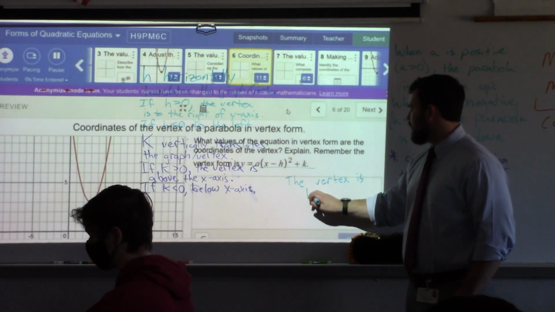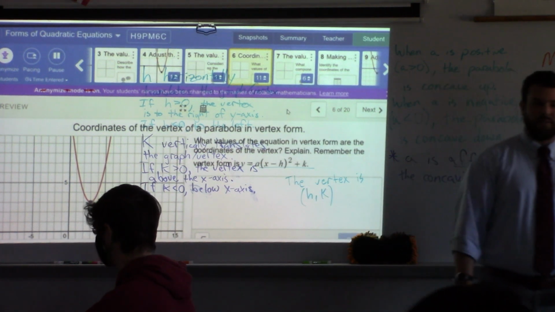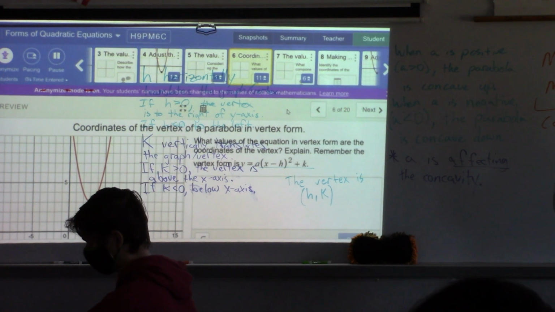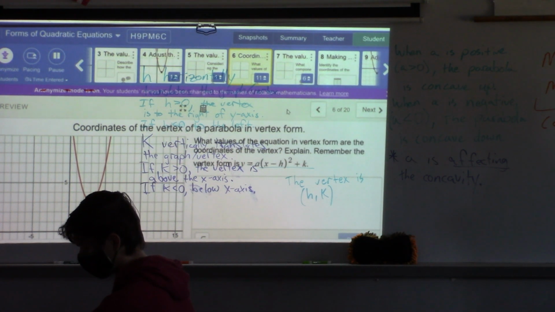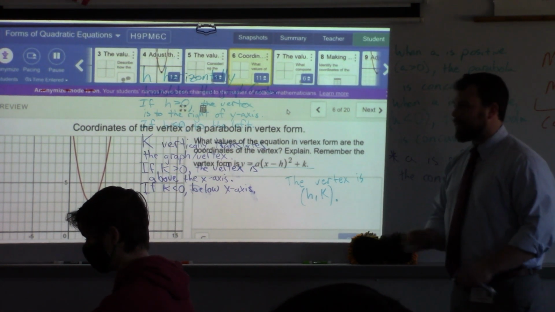H comma k. This definitely needs to go into the vertex form. H comma k is the vertex. Okay? So we want to have these notes in our book, but you can also always come back to this Desmos activity, explore this a little bit more, and remind yourself of these things. But the vertex is h comma k.